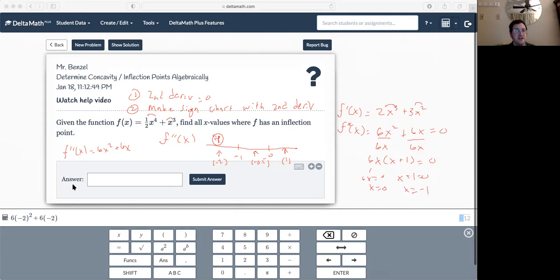So now I'm going to try -0.5, and I do go to negative concavity, concave down, when that occurs. And then I'm going to try a +1, and I'm going to predict that that's going to be a positive number, and I'm just going to put a positive sign on that.